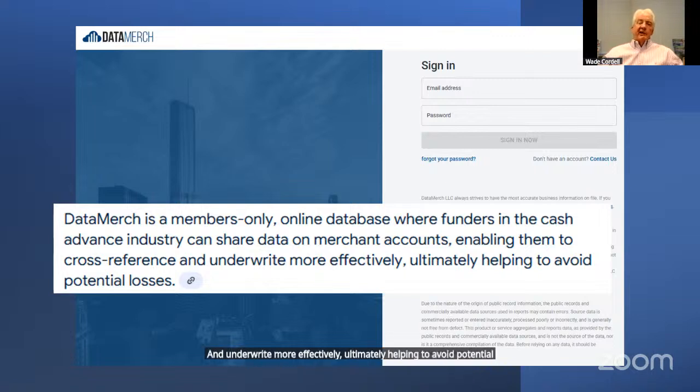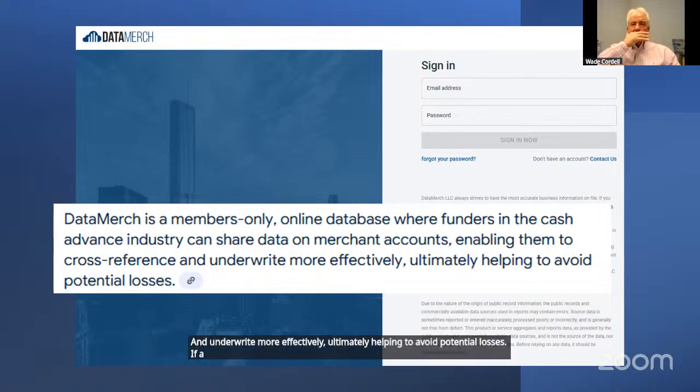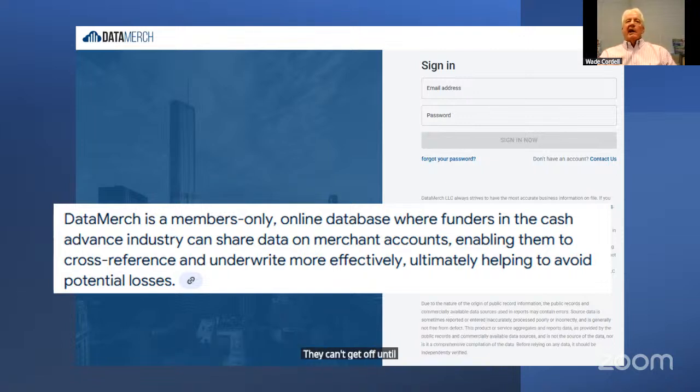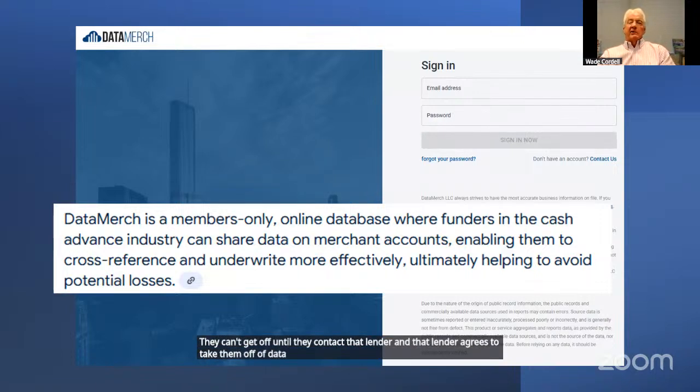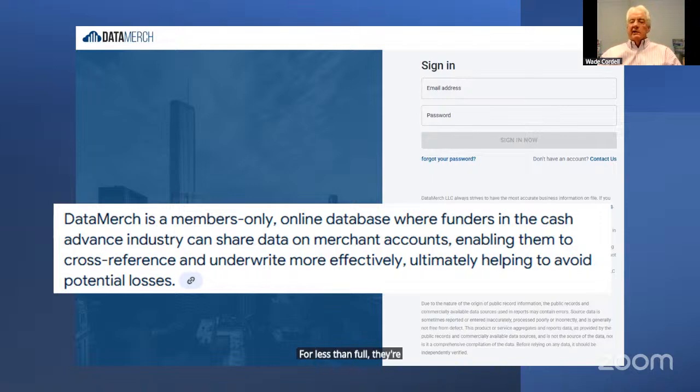So if a client is put on Data Merch, they can't get off until they contact that lender and that lender agrees to take them off of Data Merch, and they're almost never going to unless they pay them in full. And I don't mean just paying them and settling an account for less than full. They're not going to take them off for any other reason than paying in full.